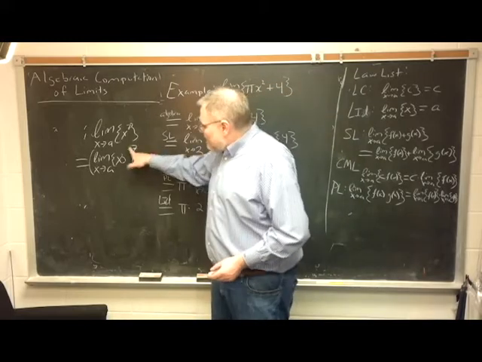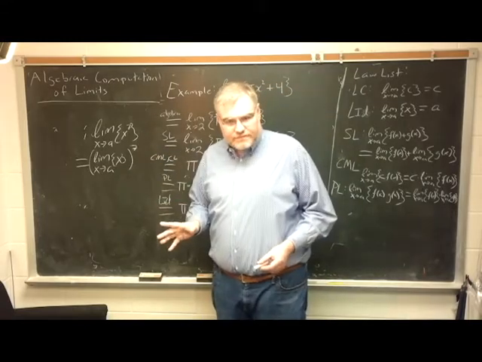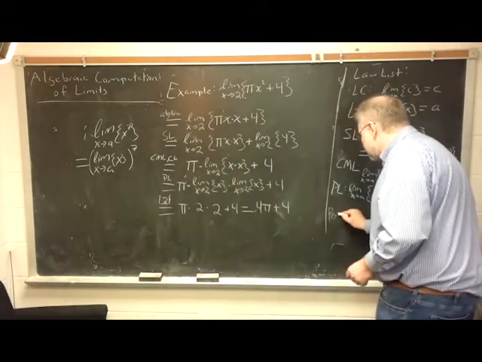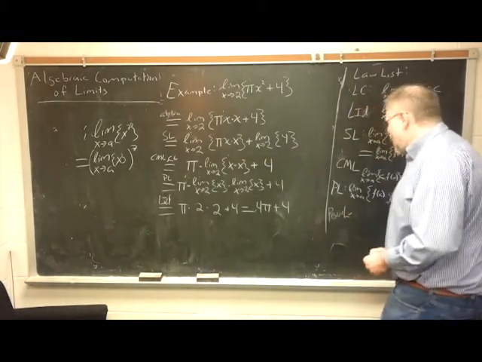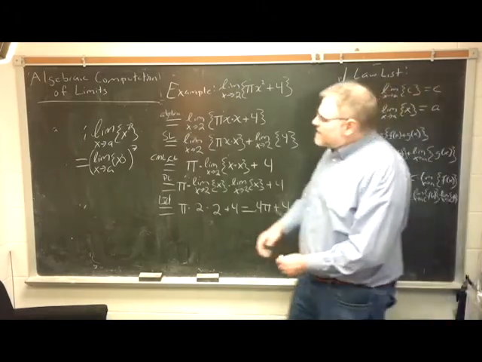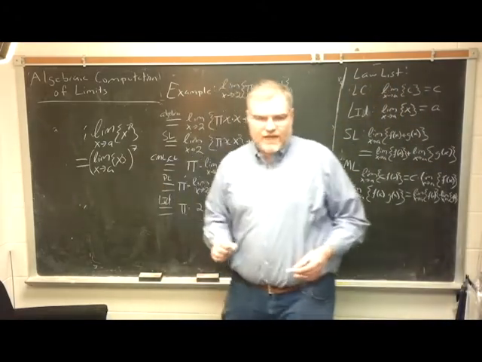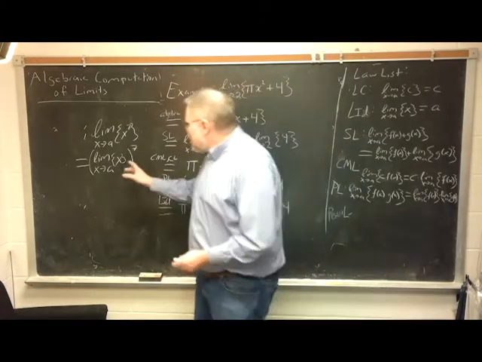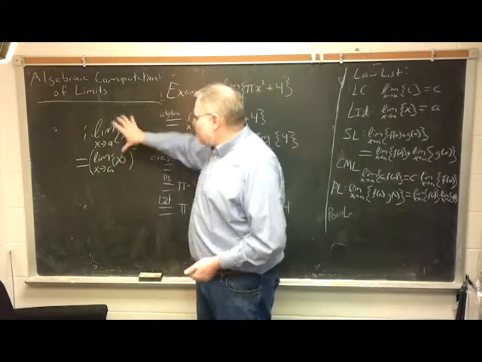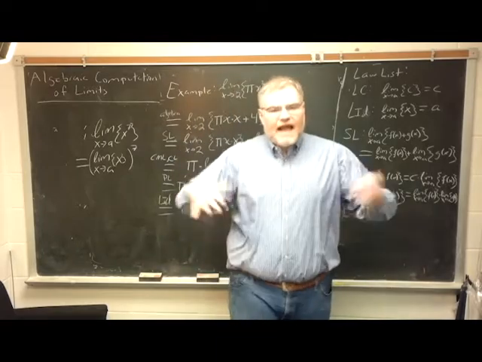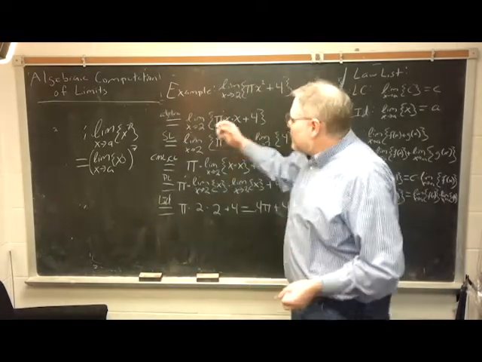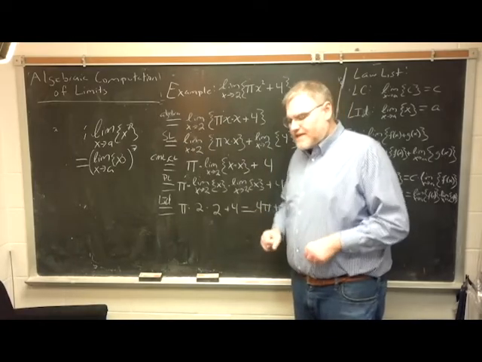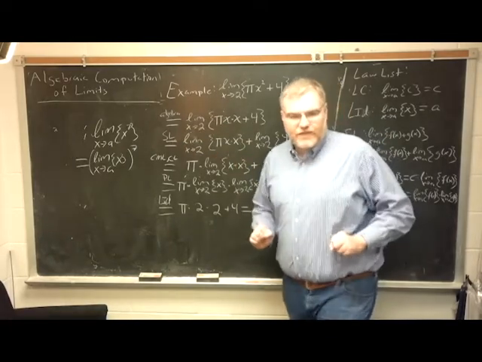If n is a positive integer, the power law simply says that I can move that 7 right off the top of that limit sign, and the limit of x to the n is the limit of x, to the n. That's called the power law.